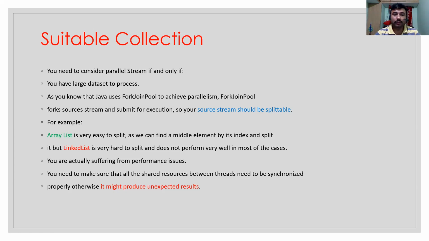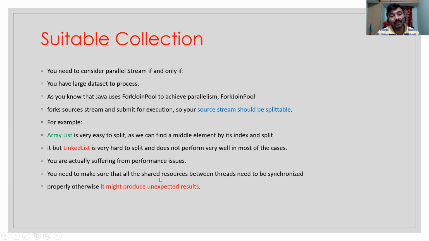And the next thing is, you need to make sure that all shared resources between threads are synchronized. If there is a shared resource being used in the parallel stream with multiple threads, then you have to make sure that common resource is synchronized properly.